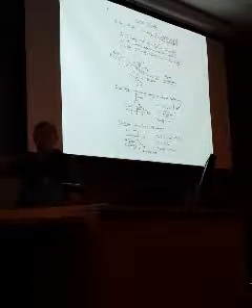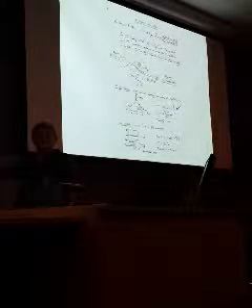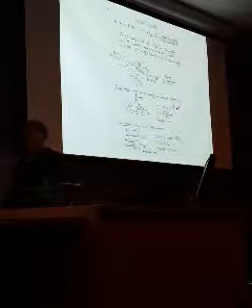Inside the neuron, there's a goo. It's called cytoplasm, and that has a resistance. I can put a number on it.